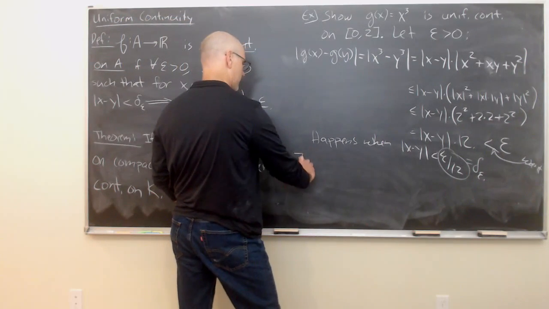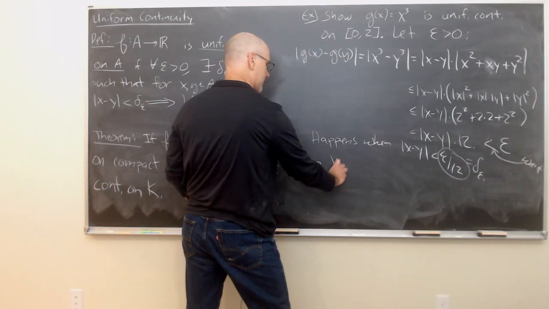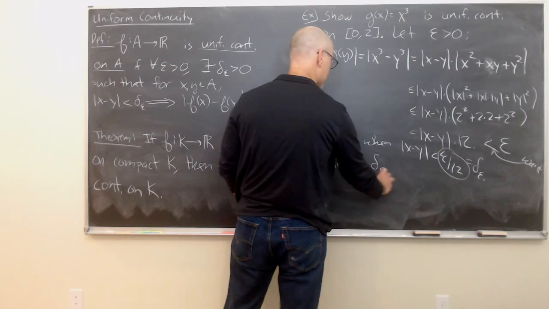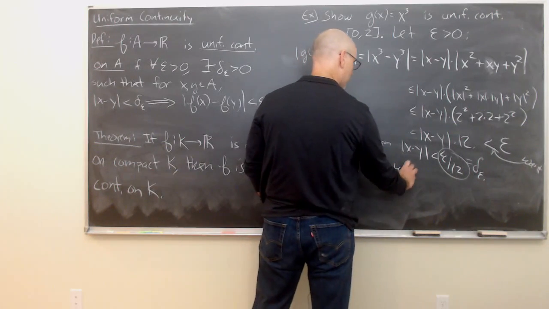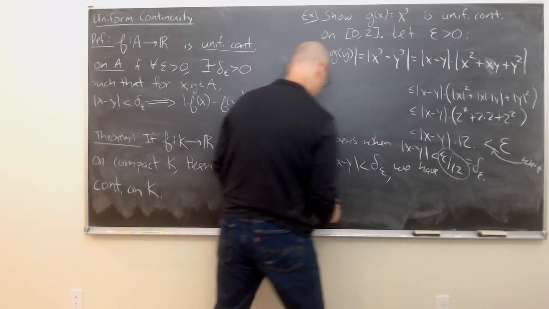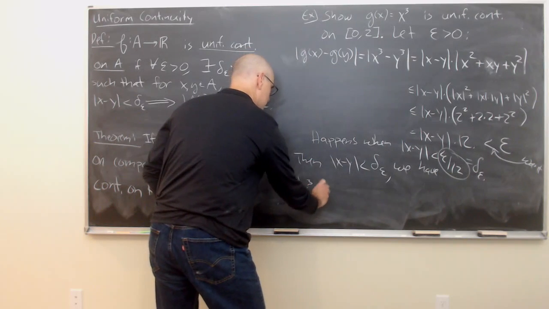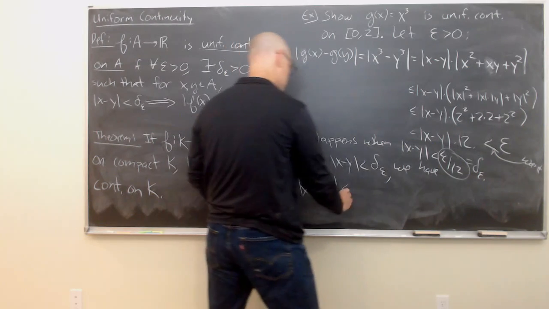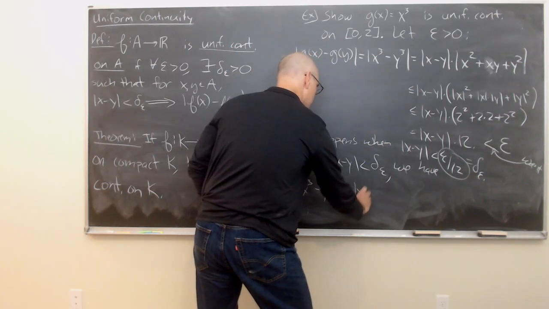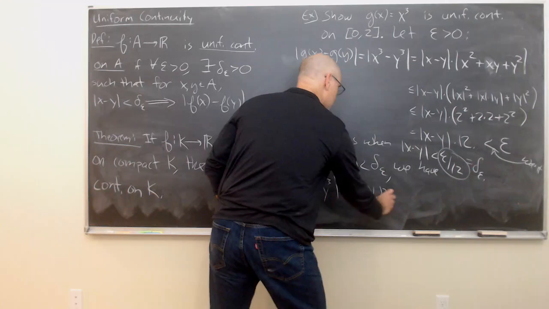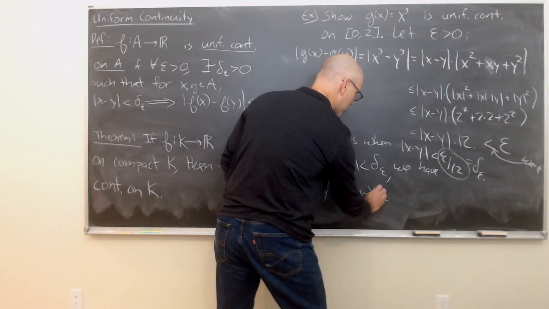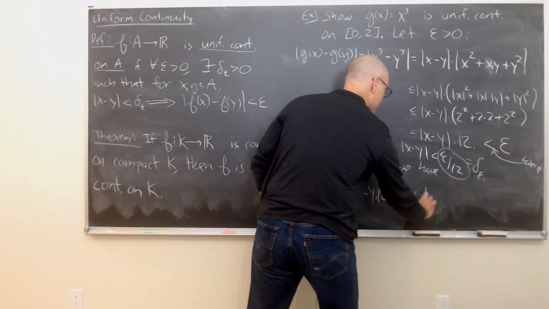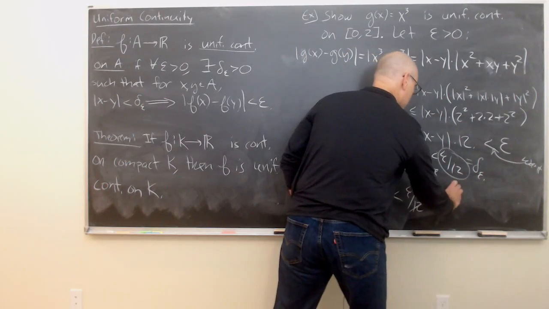All right, so then if absolute x minus y is less than delta sub epsilon, we have absolute x cubed minus y cubed less than absolute x minus y times 12, which is less than epsilon over 12 times 12, which equals epsilon.